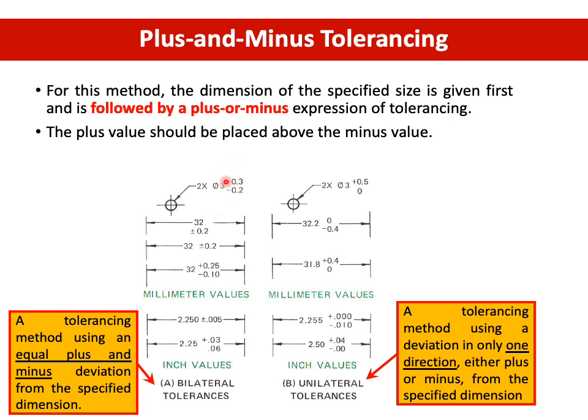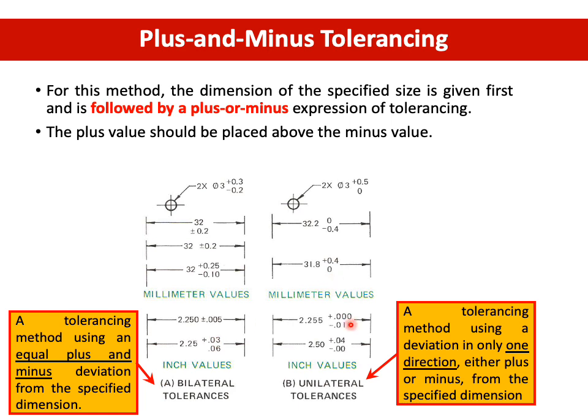You need to put the plus and minus, or you can simplify it by plus minus 0.2, because it has the same tolerance value for the maximum and the minimum. This also follows for inch units, if you apply inch units.